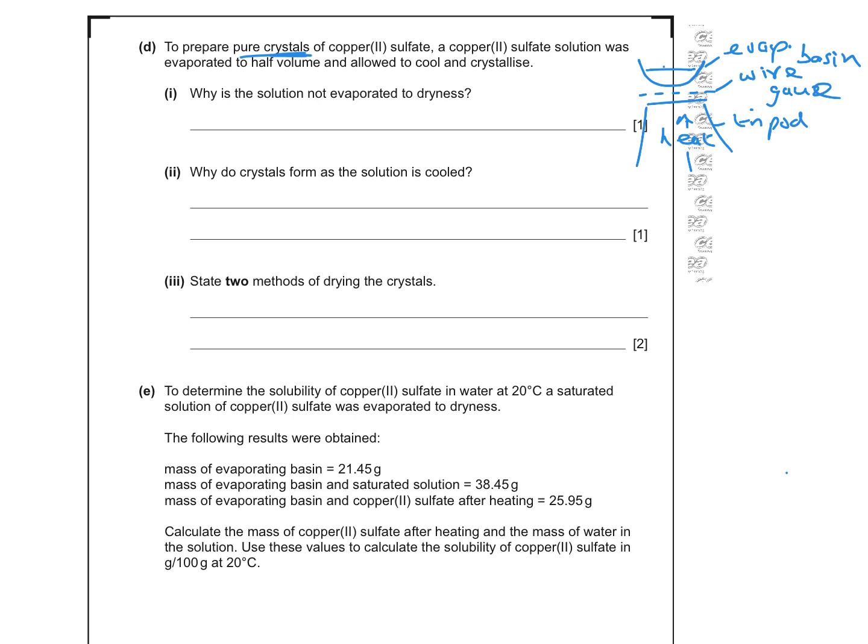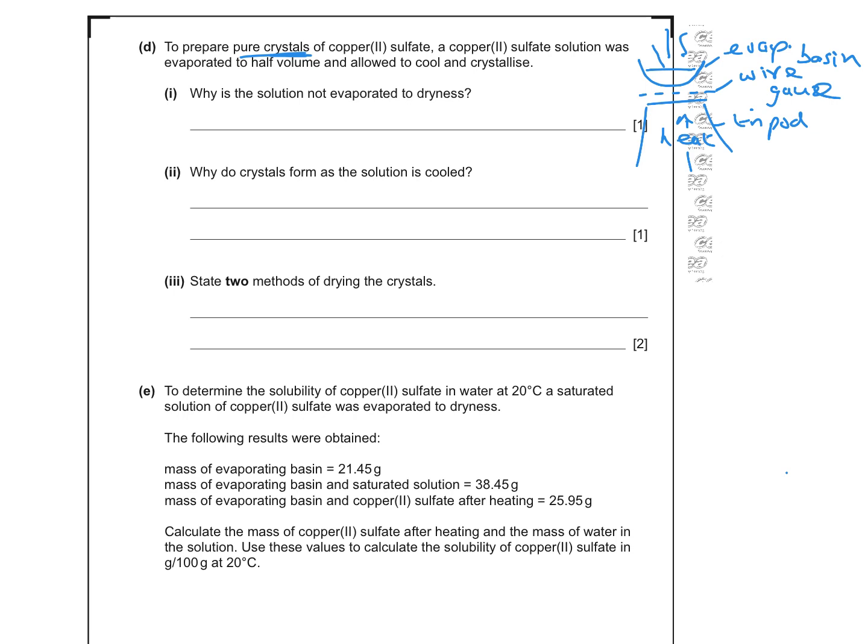If you just evaporate off all of the water, the crystals that form will also get heated too much, and you would drive the water of crystallization out of the crystals. And so what would happen was that you wouldn't end up with crystals. You'd just end up with solid copper 2 sulfate, or it'd be a powder.